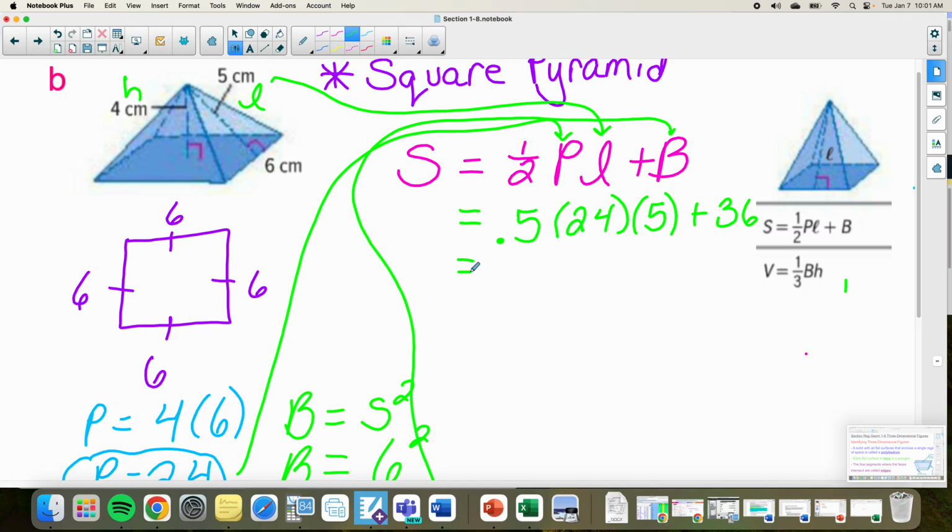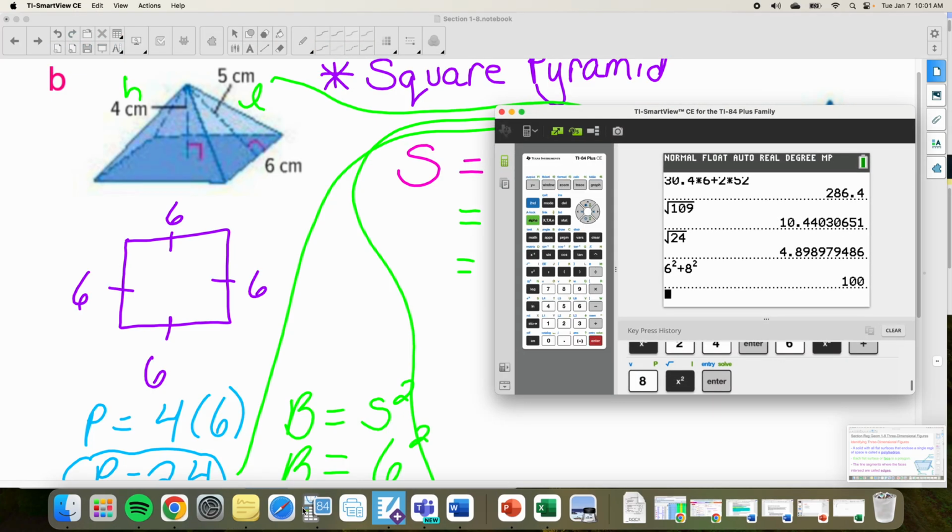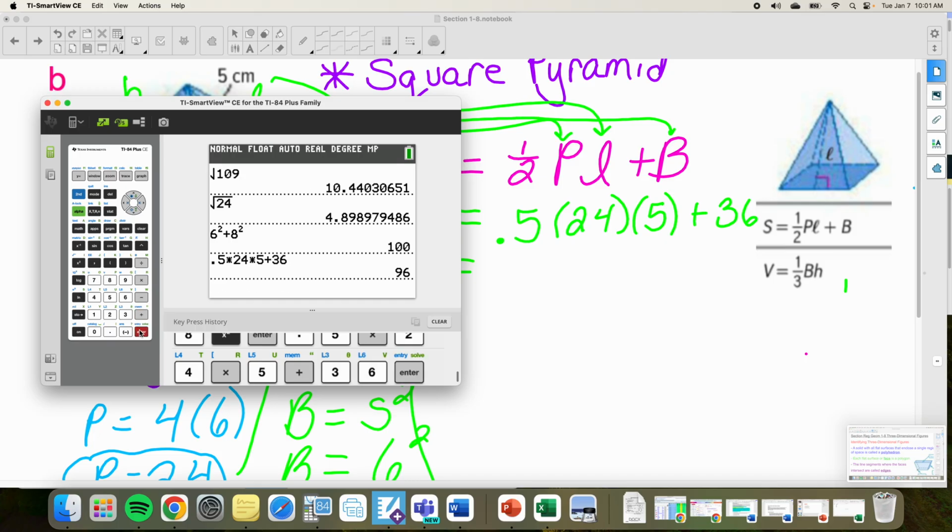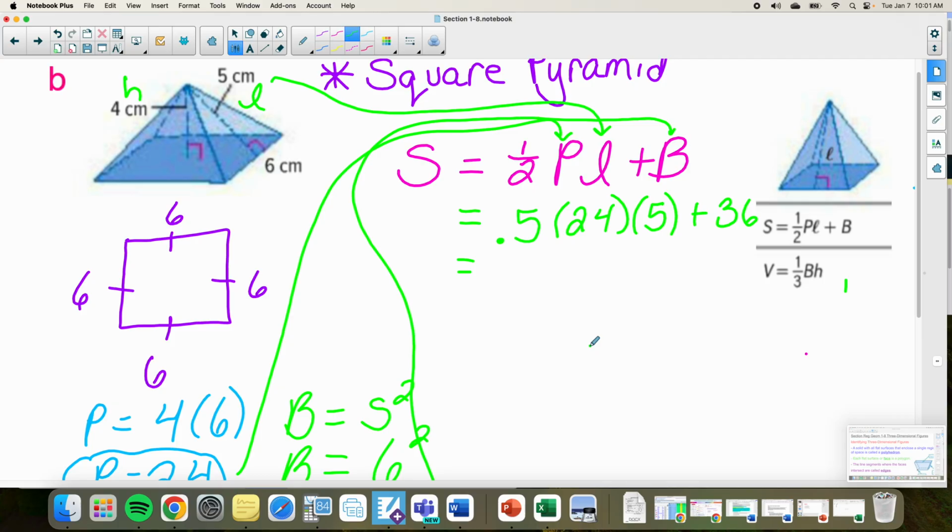Okay? Now, when we go to do this, we go 0.5 times 24 times 5 plus 36, and that you can go right to your calculator to do. So if I go 0.5 times 24 times 5 plus 36, I get 96. And this is surface area, so it would be in centimeters squared.